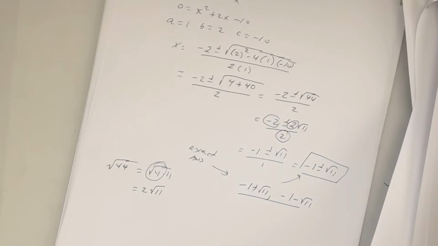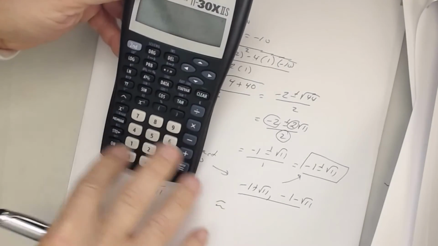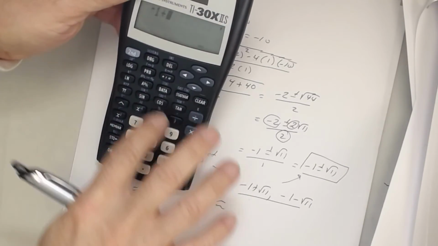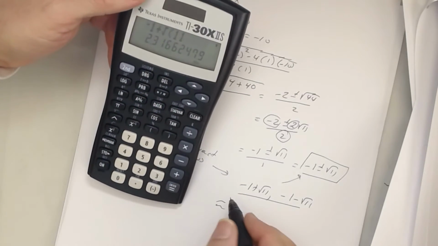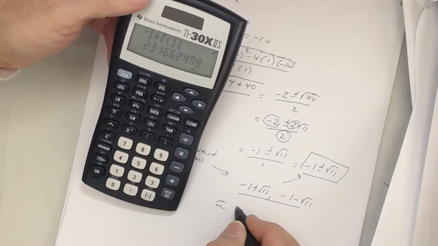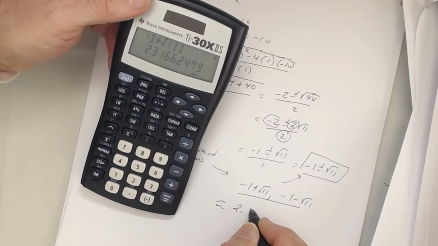Now, on the worksheet, I'm also going to say, give me the approximate answer to the nearest 10th. So in your calculator, approximate -1 plus the square root of 11. Make sure you use a calculator. To the nearest 10th, the first one's approximately equal to 2.3.